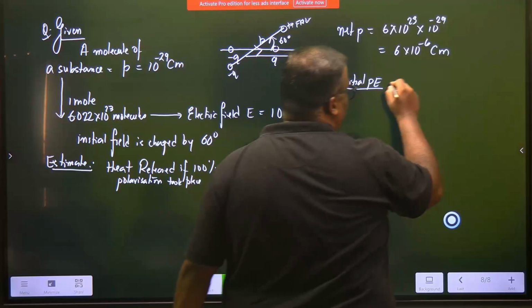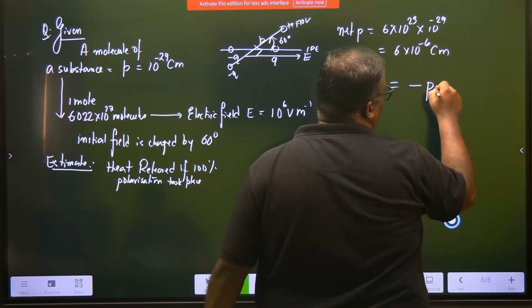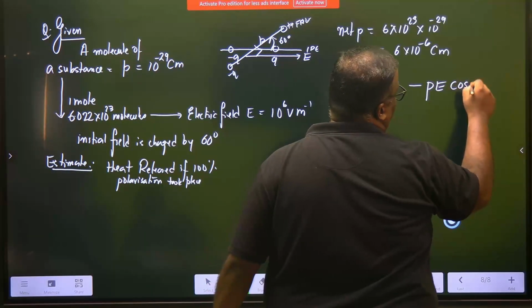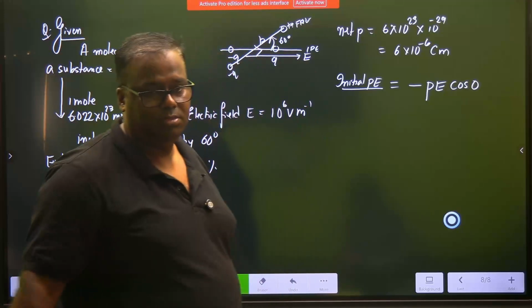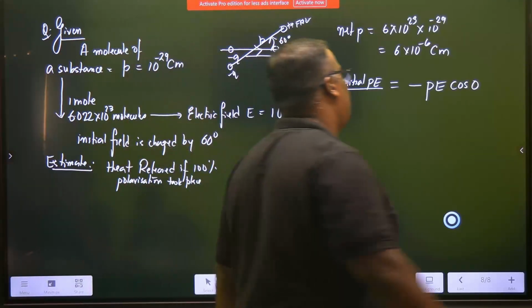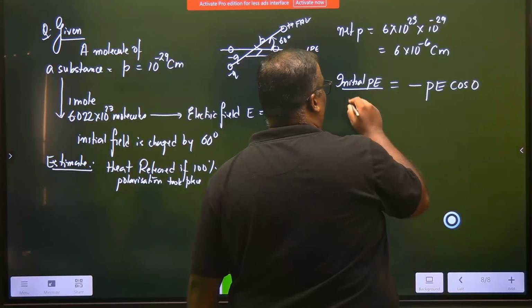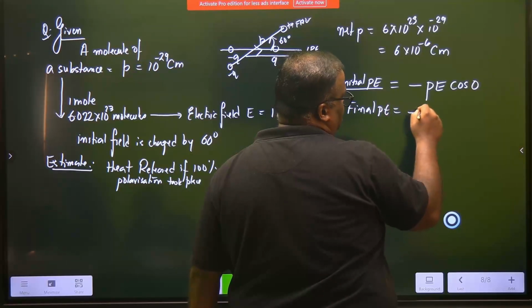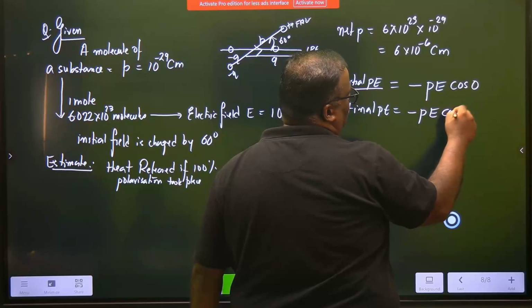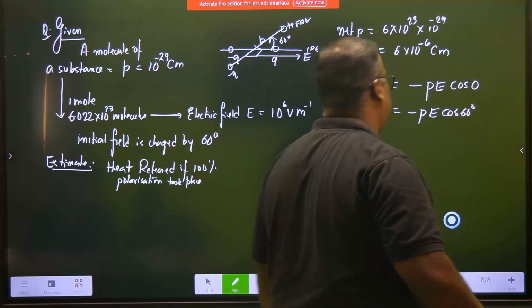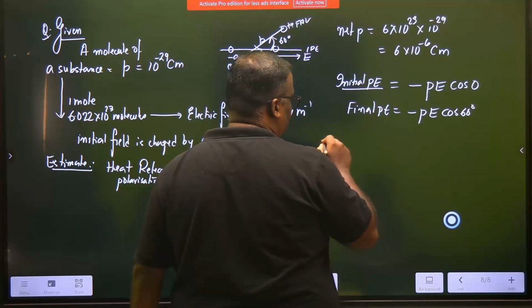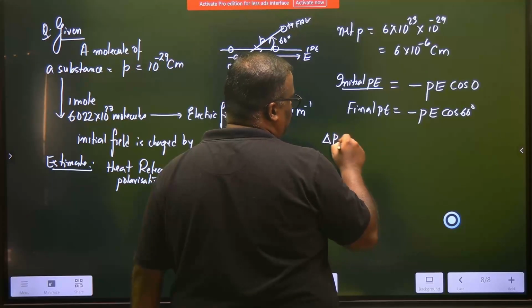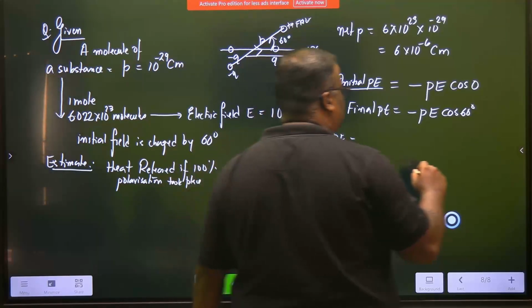The initial potential energy is minus PE cos 0. Clear, madam? Minus PE cos 0. What is the final potential energy? The final potential energy is minus PE cos 60. Right? So what is the delta potential energy? It is always final minus initial.